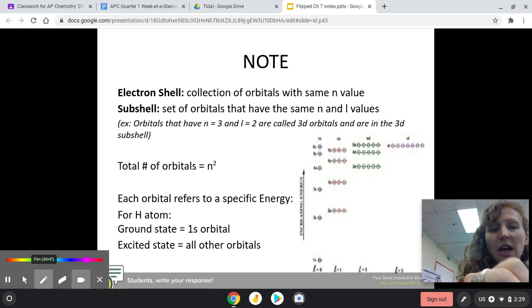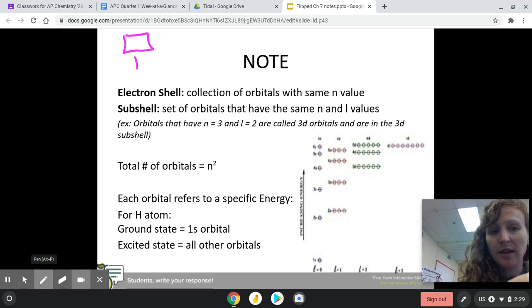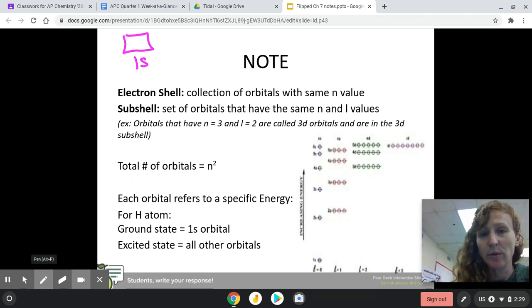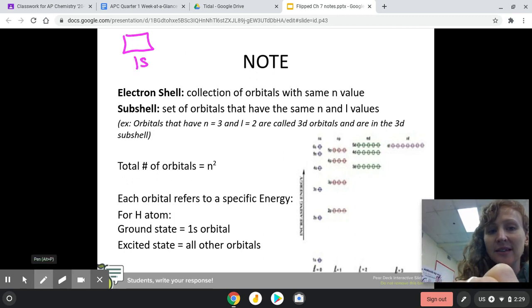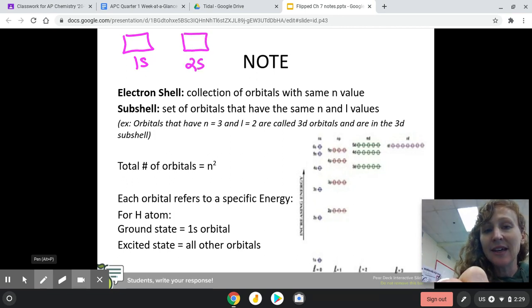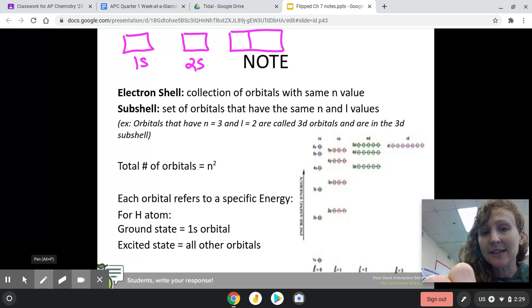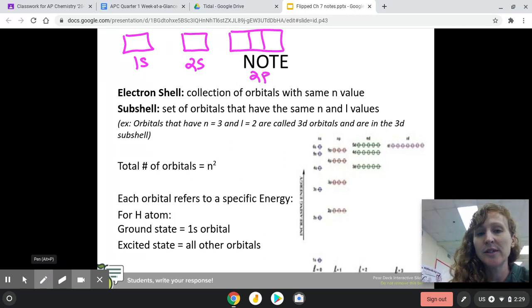And in an orbital diagram, what you're going to see are boxes. So you'll see the 1s orbital, and then you'll see the 2s orbital, and then you'll see 3 boxes labeled 2p, and each one of those boxes represents one of the 3 2p orbitals.